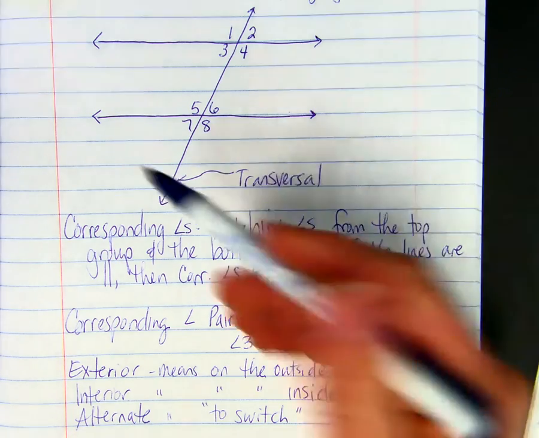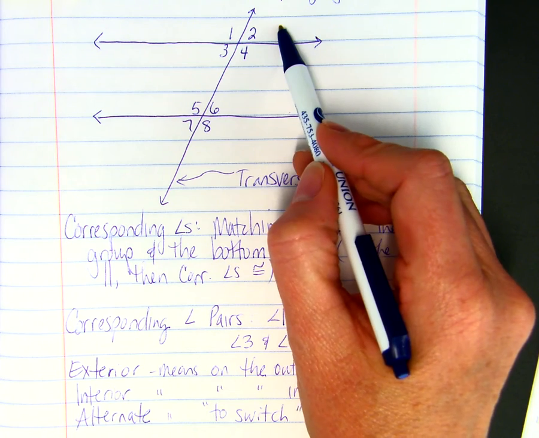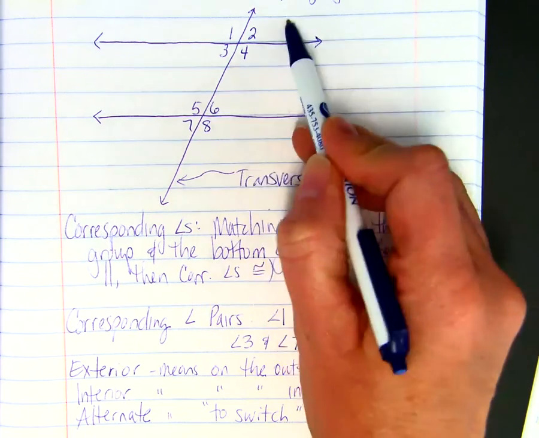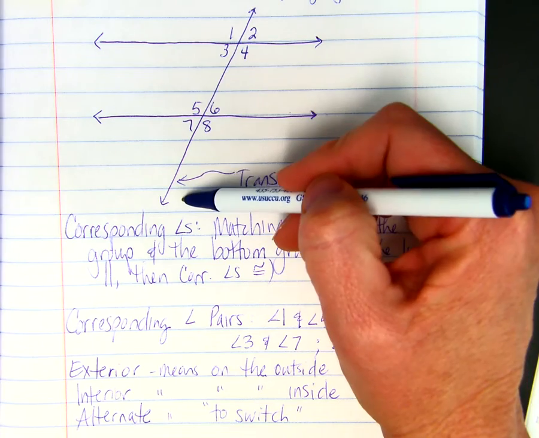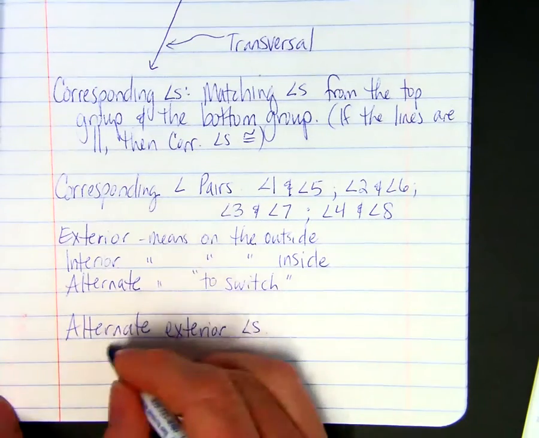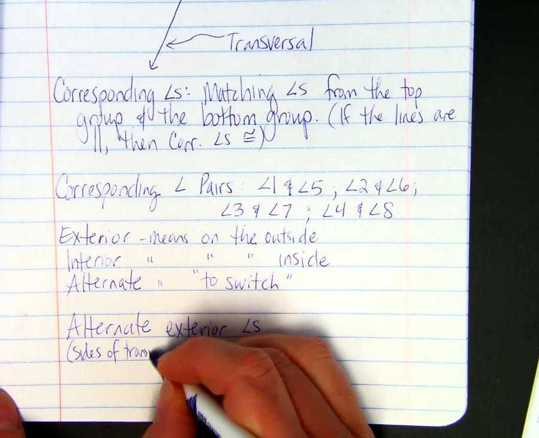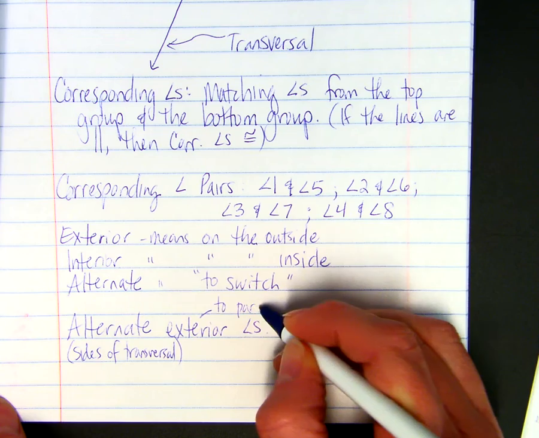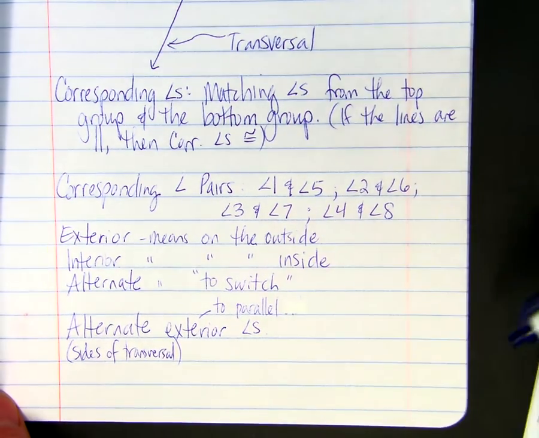Alternate exterior angles would be, if we chose the 2, it would be alternate exterior with the 7. So they are on alternating sides of the transversal, and they're on the exterior of the parallel lines.